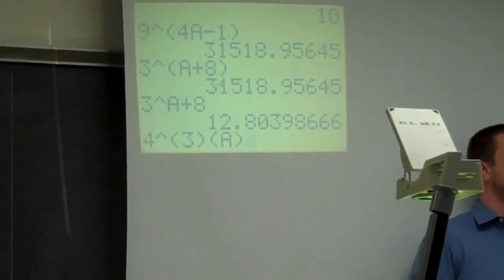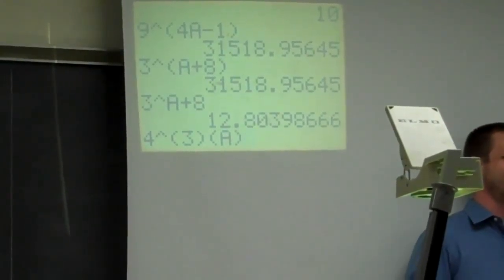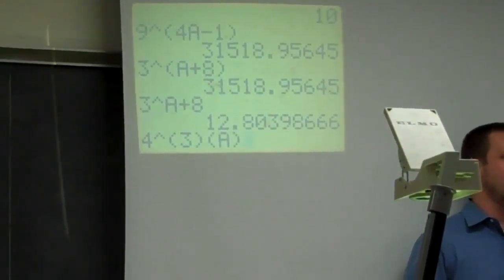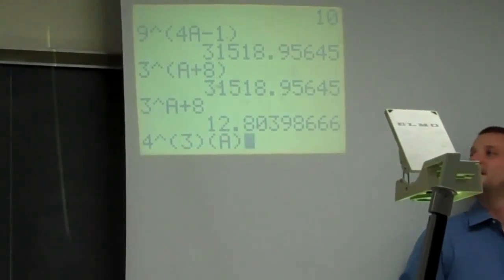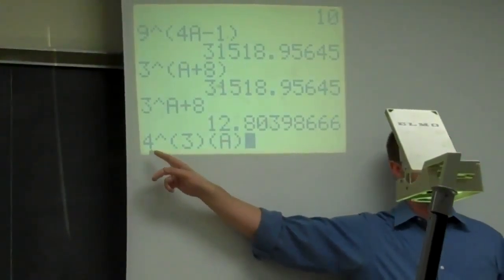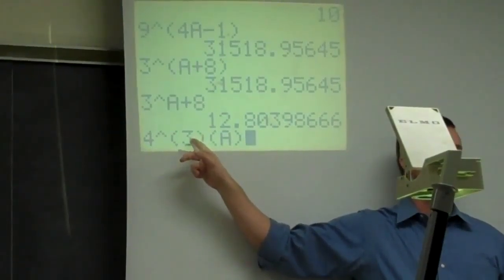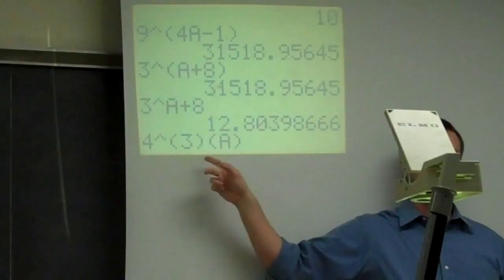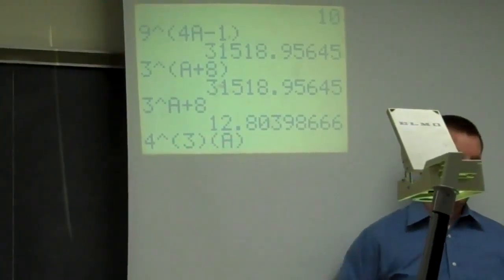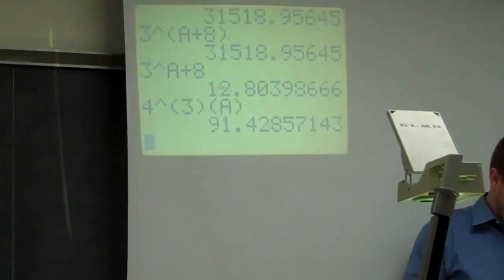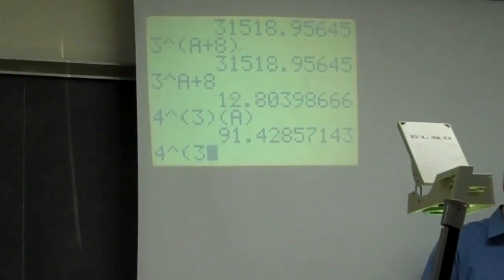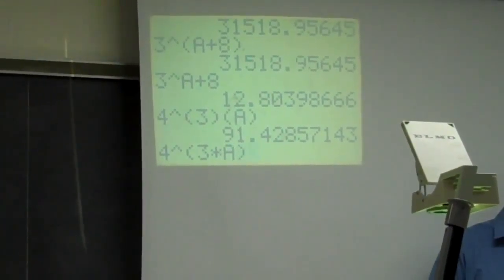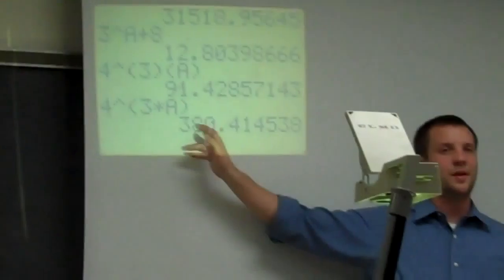Is my exponent in parentheses? It's in parentheses, but not like the parentheses that you think. You know what it's going to do? It's going to do the exponent of 3, and then it's going to take that and multiply it times A, which is not what you meant to do. You're using parentheses for multiplication there, which is different than doing 4 raised to the 3 times A power. And that's the number you really meant to do.